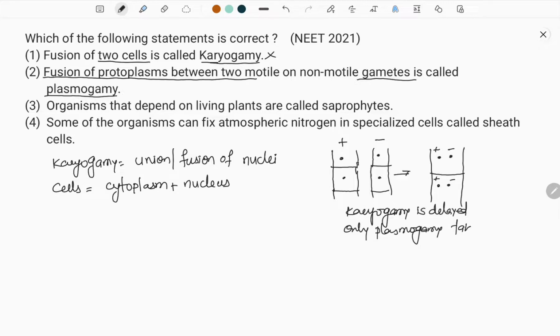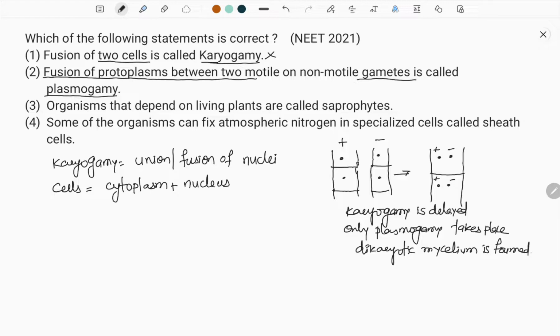So as a result, what happens here? Dikaryotic mycelium is formed. This is especially seen in higher fungi like Ascomycetes and Basidiomycetes. Dikaryotic mycelium is formed due to delayed karyogamy.